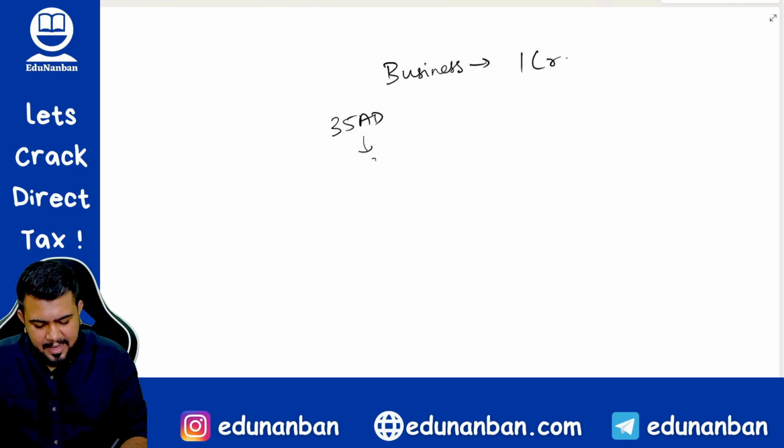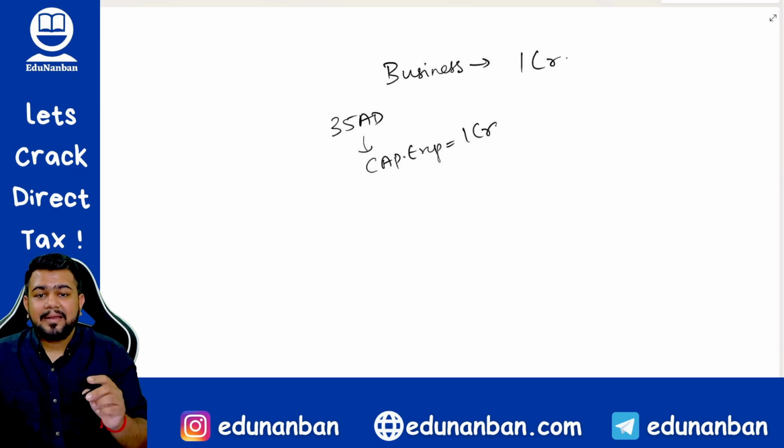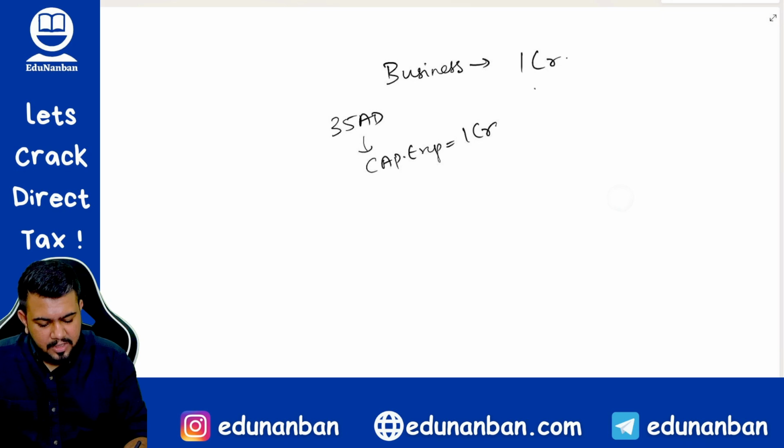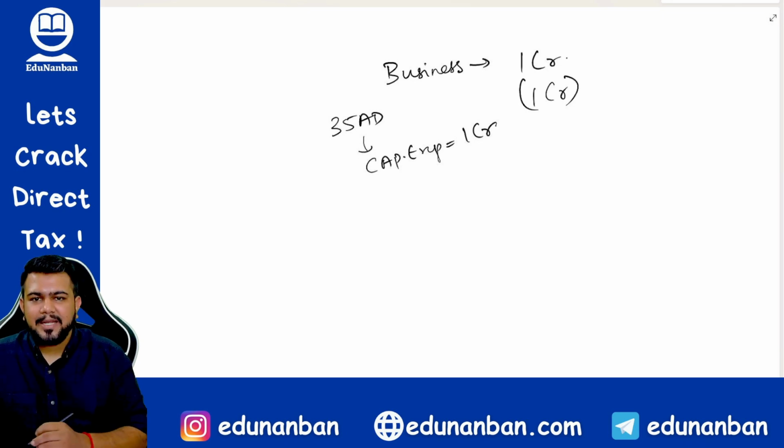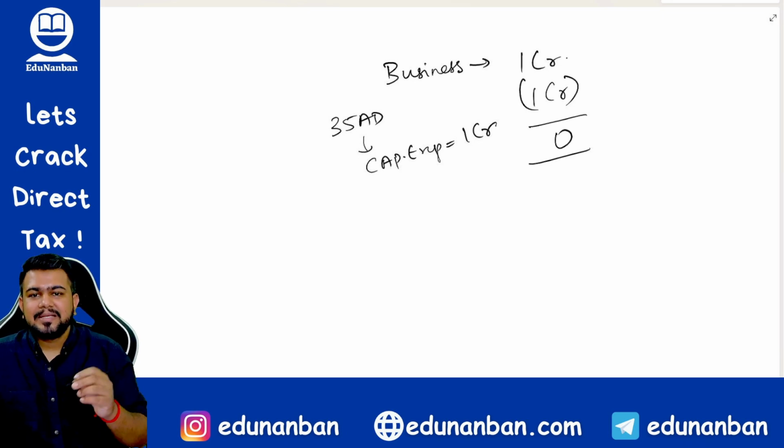Hence, let's say I did a capital expenditure of rupees 1 crore. So this entire 1 crore I can claim it as deduction and my profit will be 0.